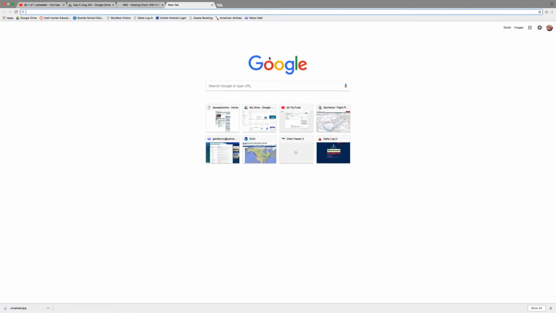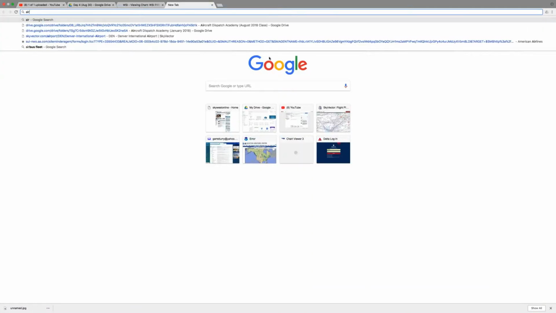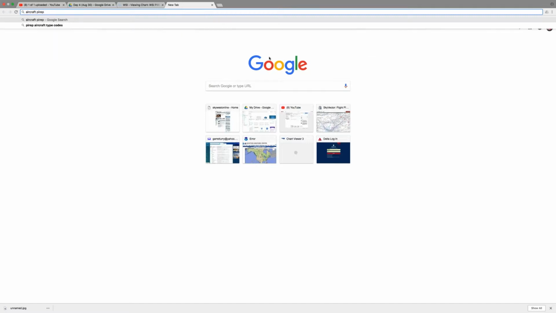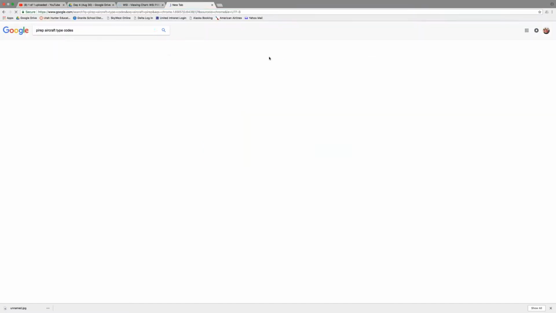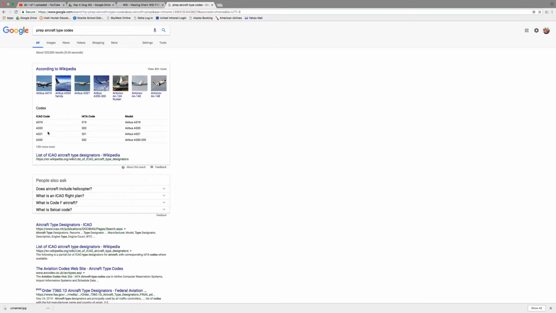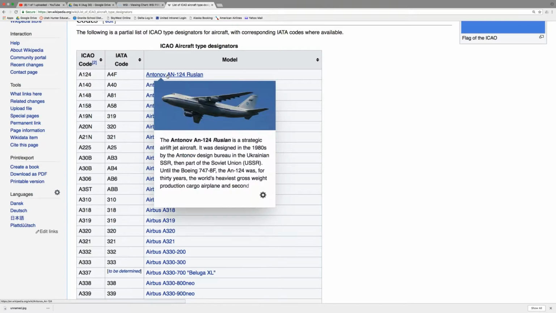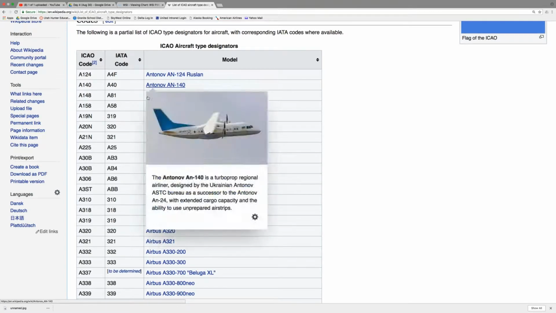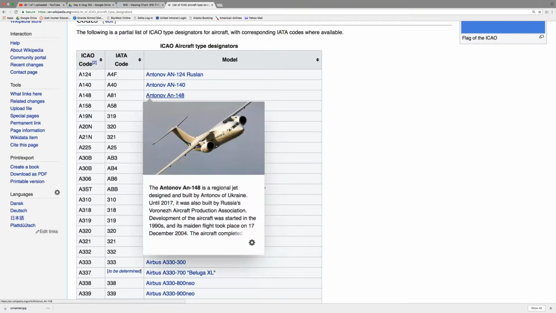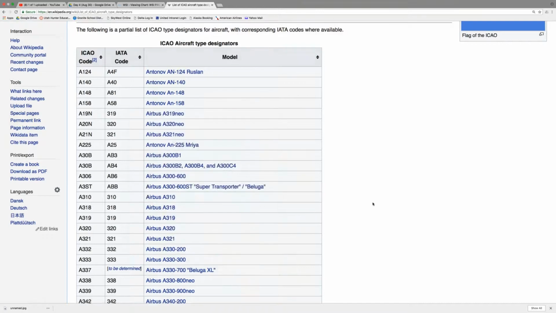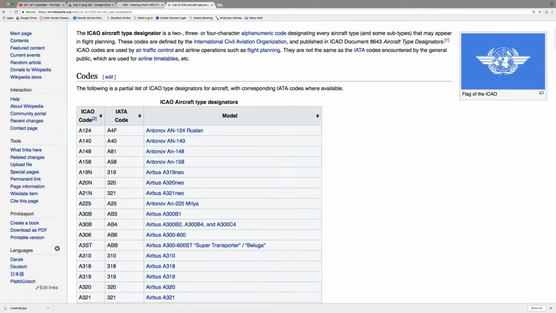I think there's even a list of aircraft PIREP type codes right here. That'll help you, and you can even hover over it and see what the airplane looks like. Will you throw that in the chat box, please? For sure. Thank you.